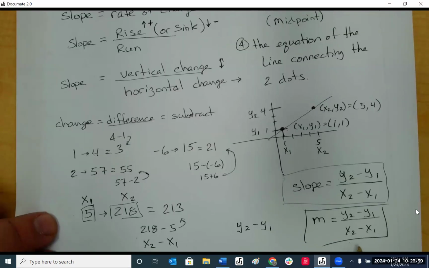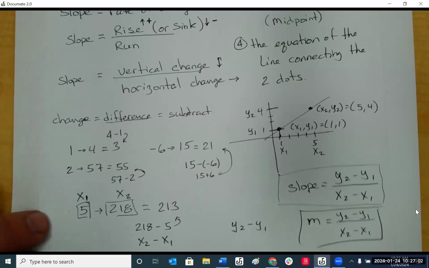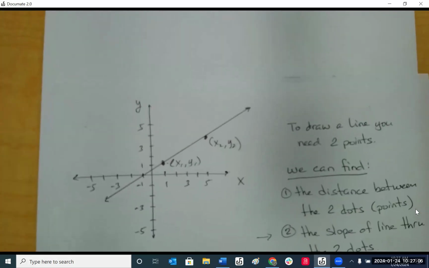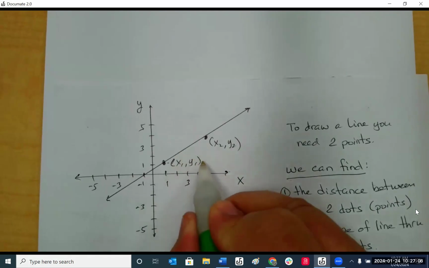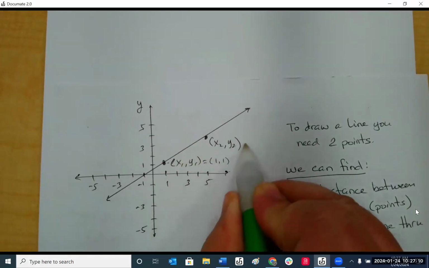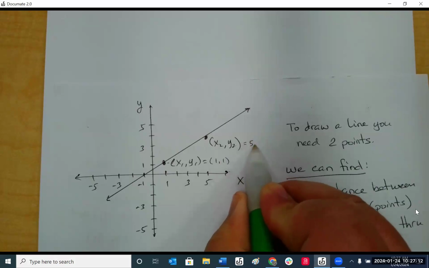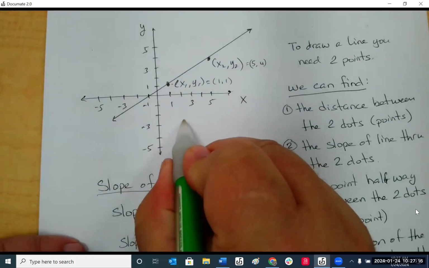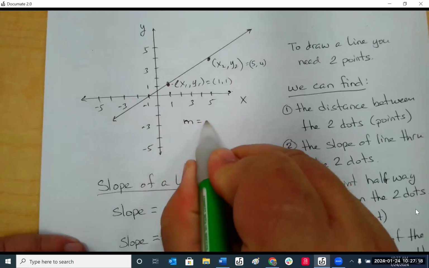Let's look at the slope of this first one. The slope of this equation would be what? We have 1, 1 and 5, 4. What's the slope of that equation?